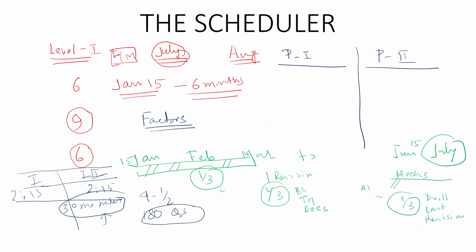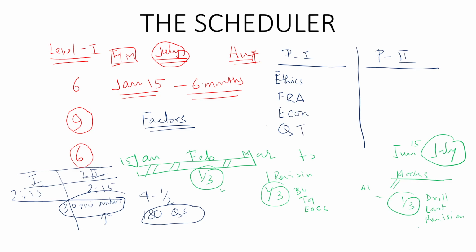It's going to be, you have the ethics, you have the FRA, you have the econ, and you have the QT.